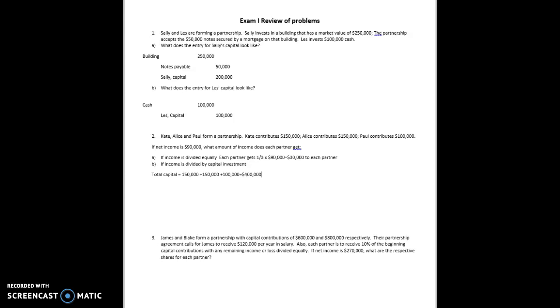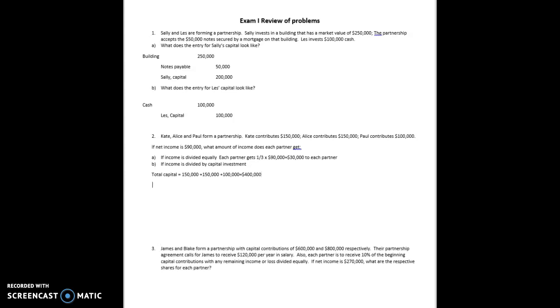Now we need to figure out what proportion each of them gets. Kate has $150,000 of the $400,000. If we divide that out, Kate has 37.5% of the company. Alice invested the same amount as Kate, so the math is the same: $150,000 divided by $400,000, and Alice also gets 37.5%.